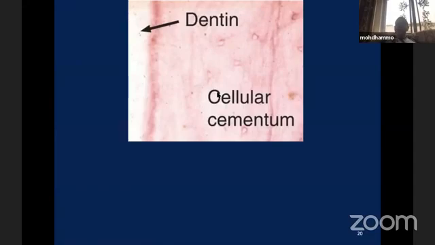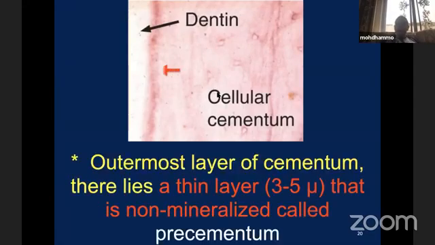Let's take a look at the junction between dentine and cementum. The outer layer of cementum, which is closer to dentine, has a thin layer, 3 to 5 micron, and this layer is also non-mineralized, and it is called pre-cementum.